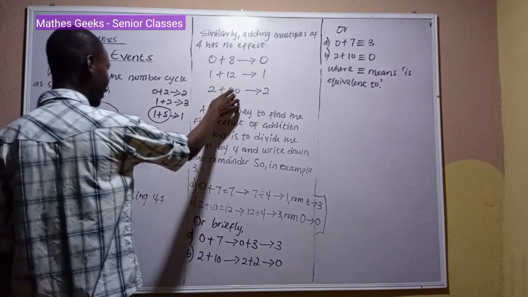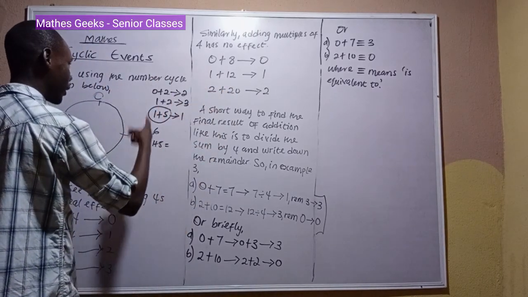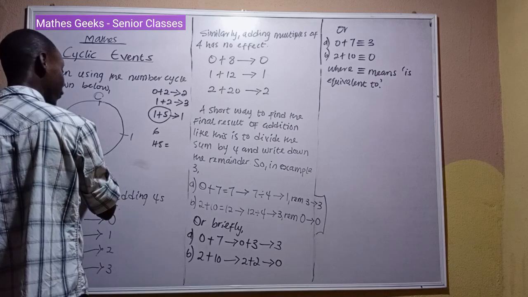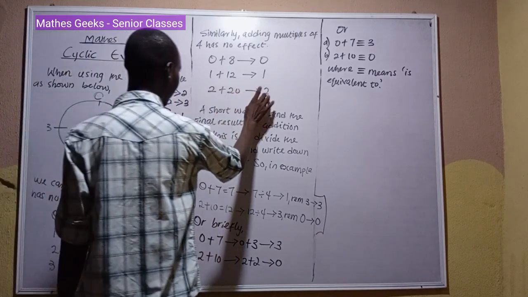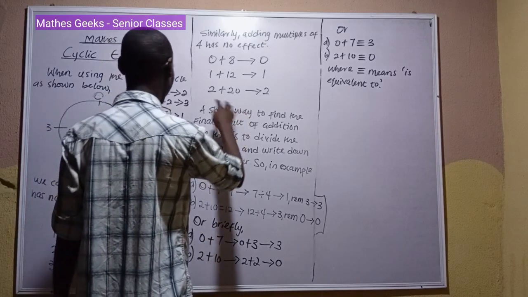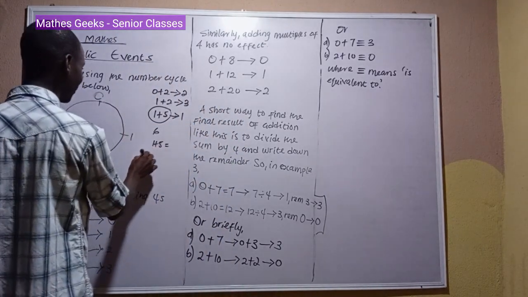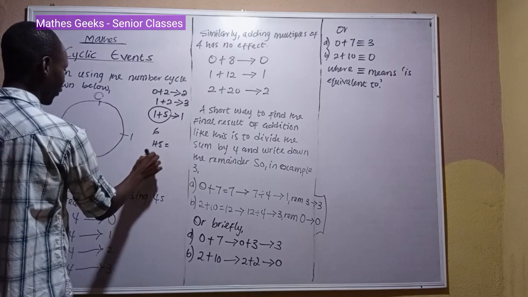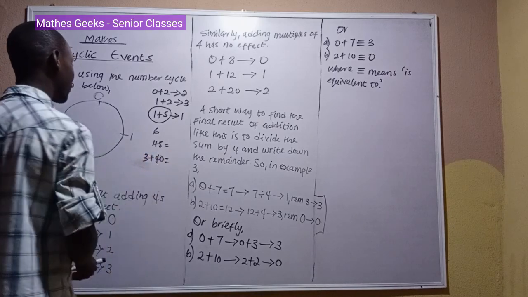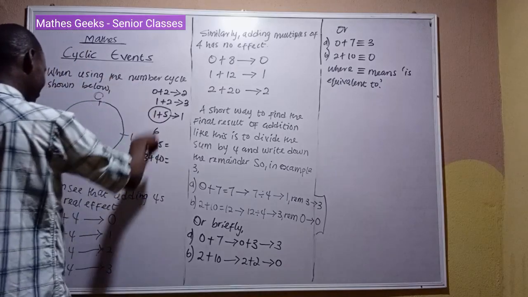You rotate 20 times, or make a clockwise turn 20 times by starting from 2. You're still going to arrive at 2. That's what it implies. So a short way to find, instead of this continuous rotation, like if you say 3, start at 3 plus 40, it's going to take you a long time to rotate and count.